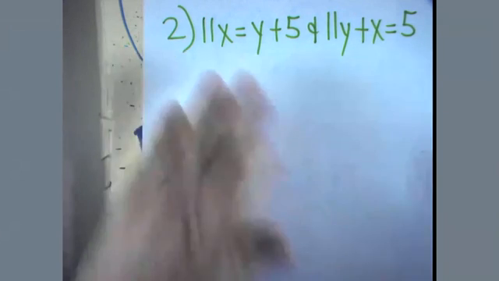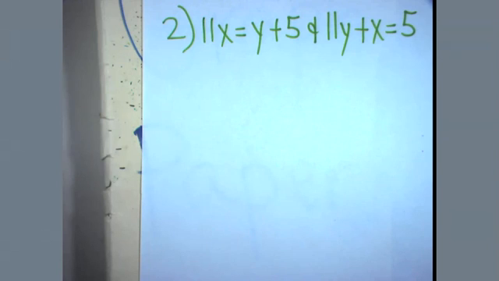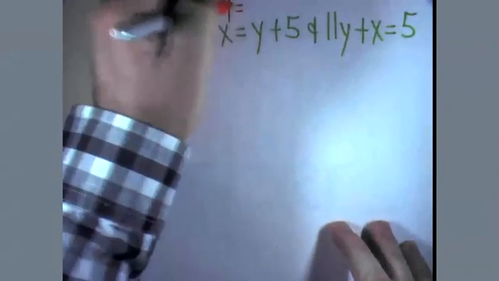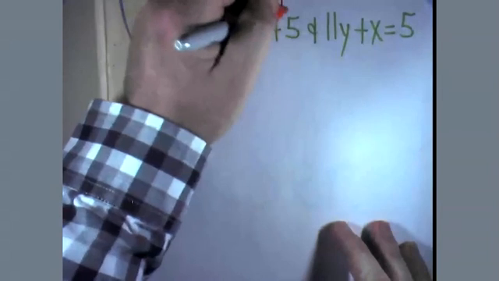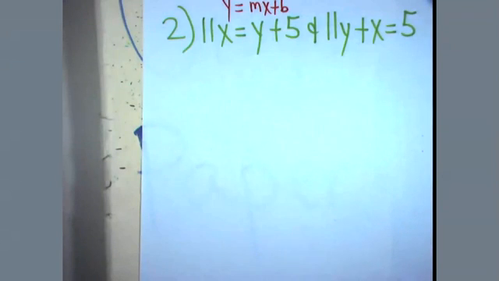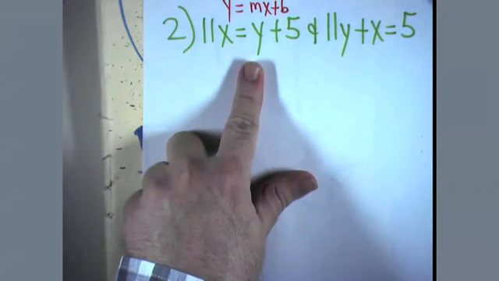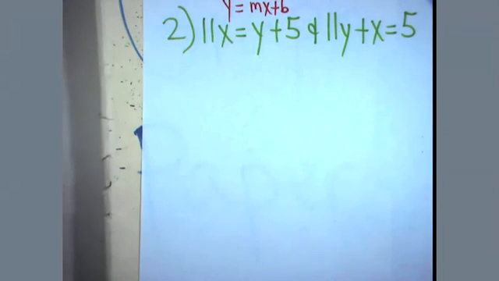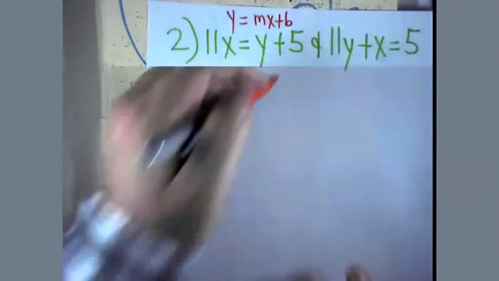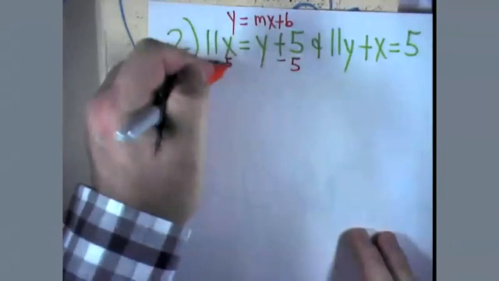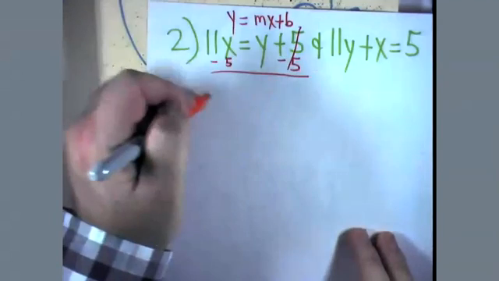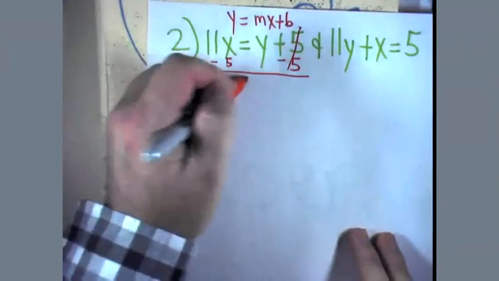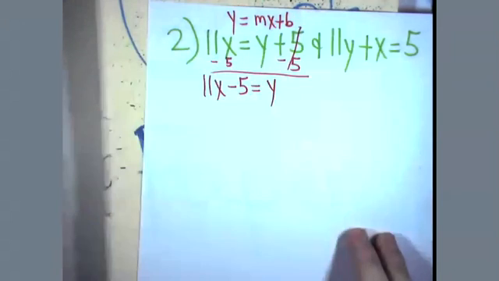We can write the first equation in what's called slope-intercept form. And slope-intercept form is the form y equal to mx plus b. So we just require one step to get y by itself for the first equation. And that is subtract 5 from both sides. So we have 11x minus 5 equal to y.